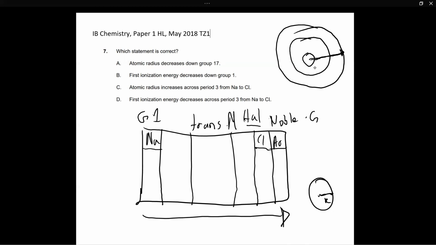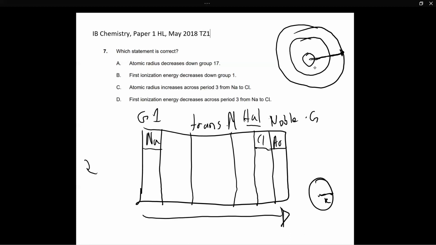And the second reason is that as you move from left to right, for example, in period 2, the number of shells of each element remain the same, right? Because each element in a period, remember, periods are horizontal rows and groups are vertical rows.